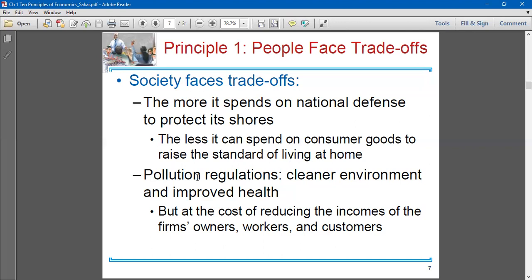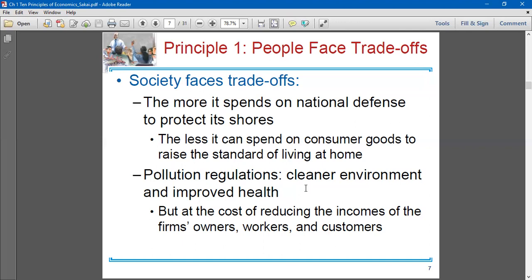Another example is protecting the environment. Maybe you pass some laws that stop firms from polluting the environment. If you do this, you get a good environment and improved health. People won't be getting sick because of pollution. But then you'll be putting some people out of work.